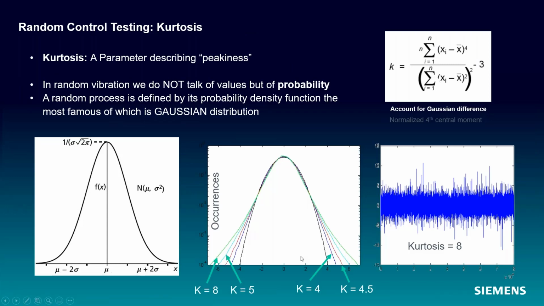Sometimes in random, you hear about kurtosis. It's a parameter that describes peakiness of a signal.